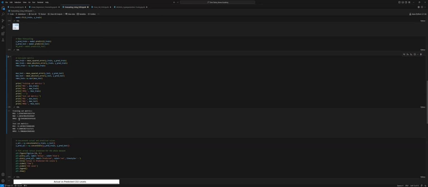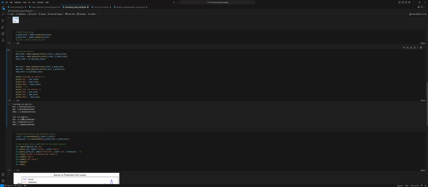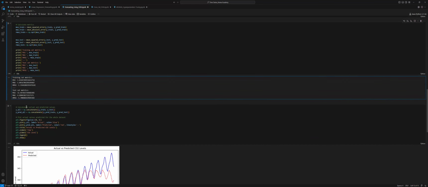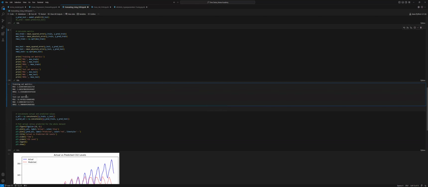So for the test phase, we have 32 for MSE, 4.89 for MAE, and 5.7 for RMSE. Even by mere looking at these values, you can see that the error is very low.